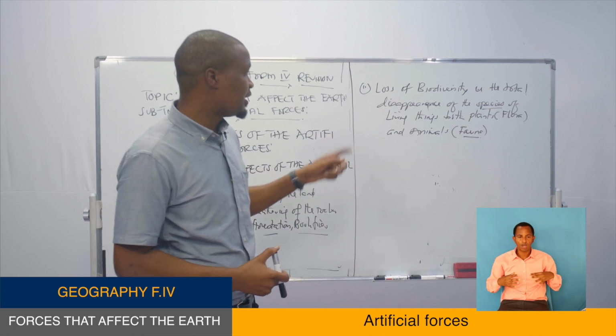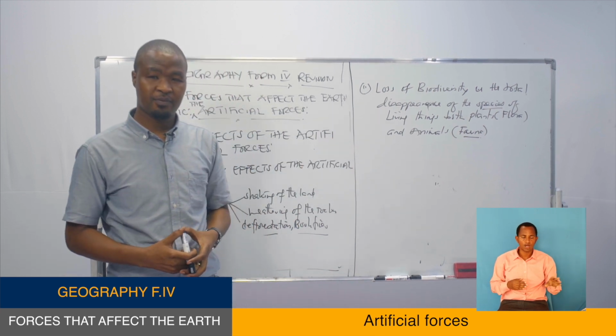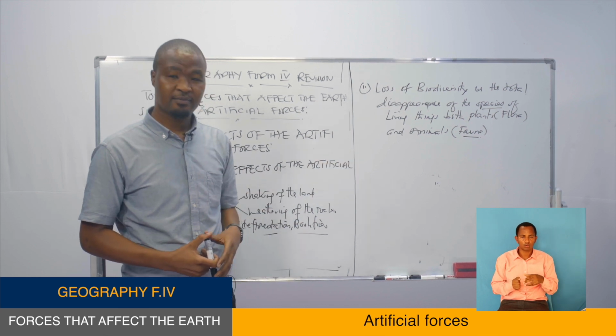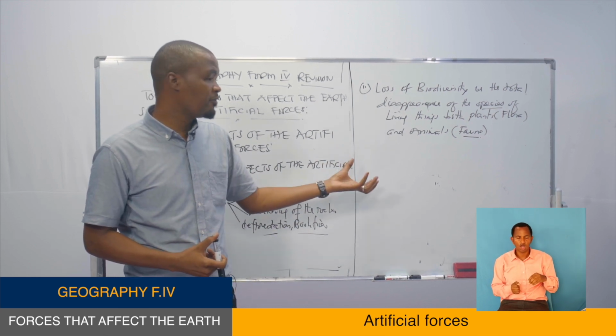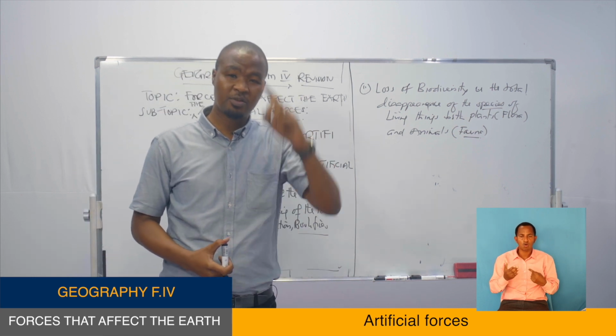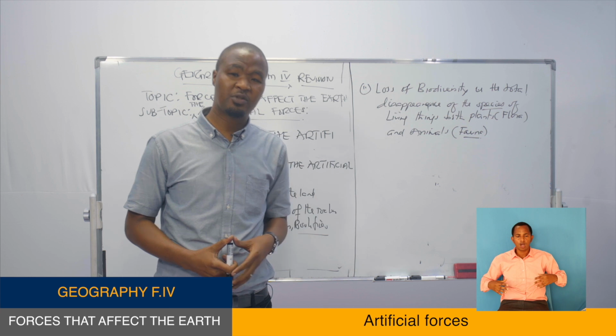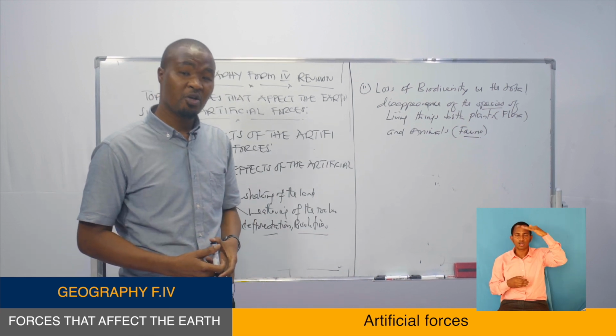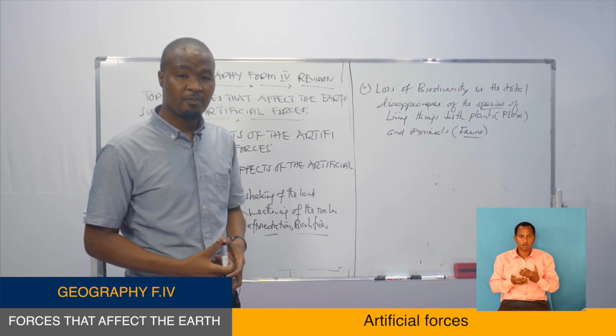Apart from that, we have seen the effect of wars. See, mining. During mining, for instance, there is the emission of pollutant gases into the atmosphere, which may result in the occurrence of the greenhouse effect, global warming.